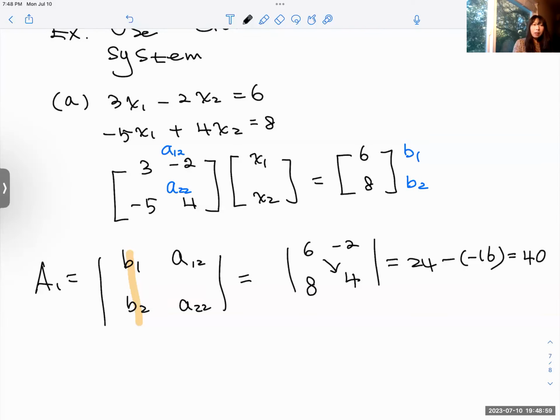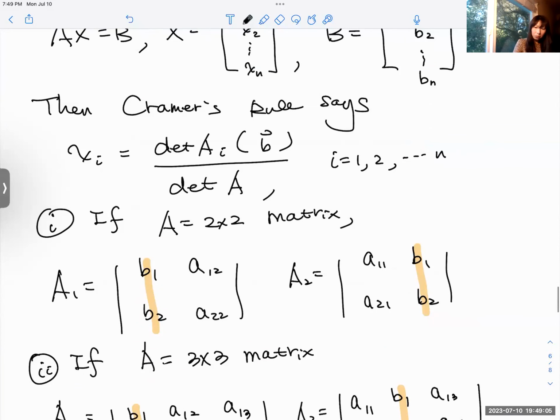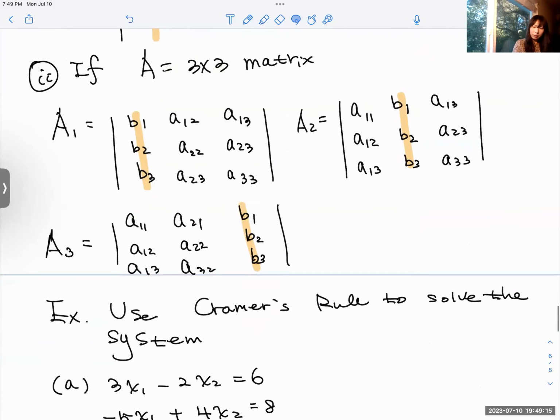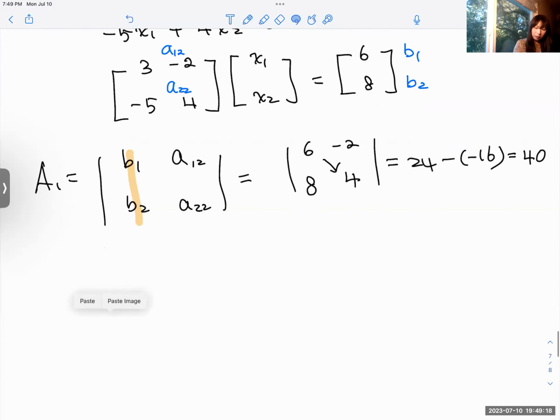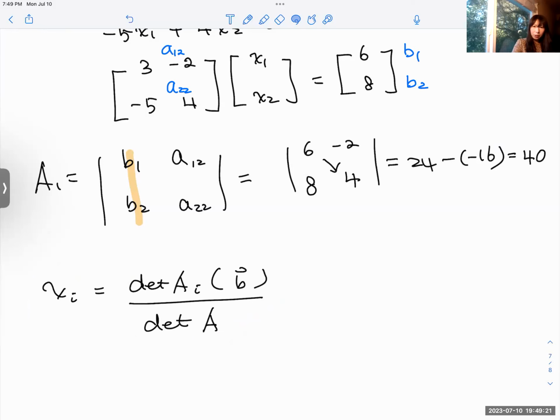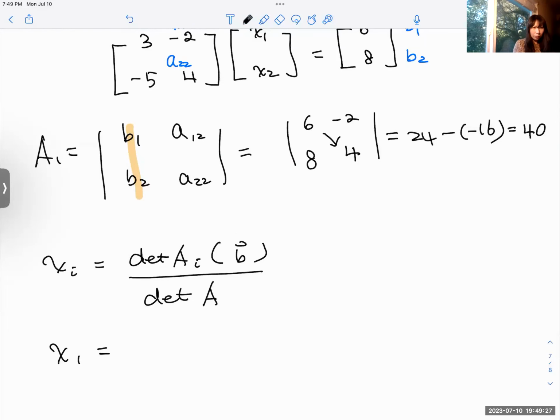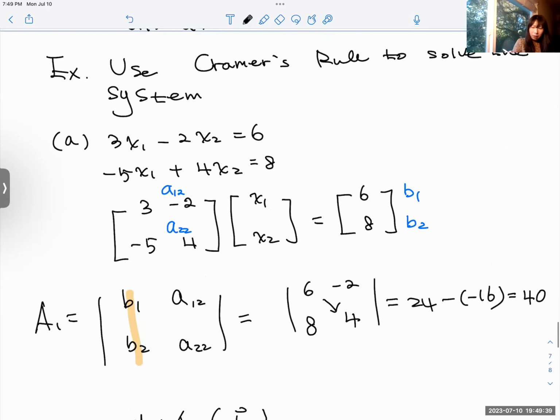Okay, so x sub 1 will be the determinant of A sub 1 of B, which is 40, over the determinant of A. So what is the determinant of A?